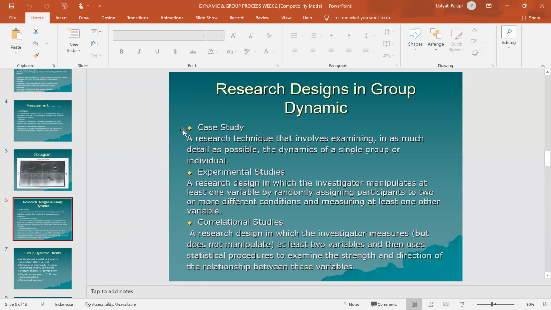And one of the examples that uses case study is the investigation of the Andes survivors case. It's a famous study. Even they made a movie related to the Andes survivors.